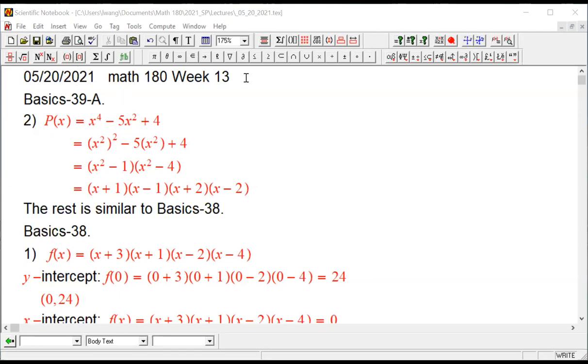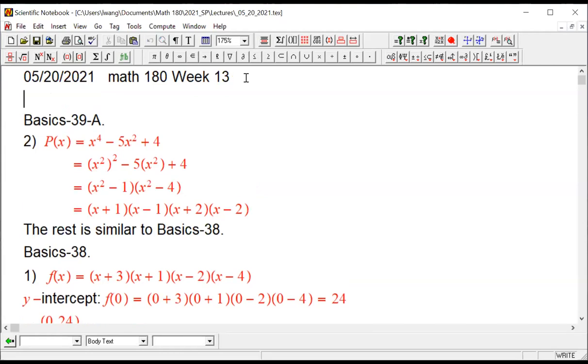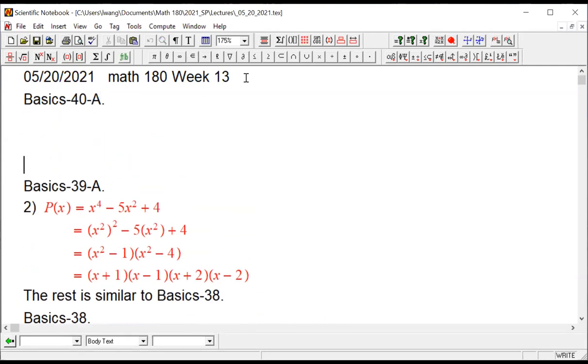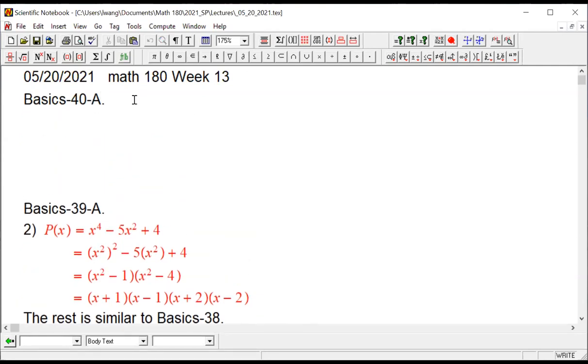I'm going to quickly mention something here, which is called Basic 40A. This title is called partial fraction. What is partial fraction?